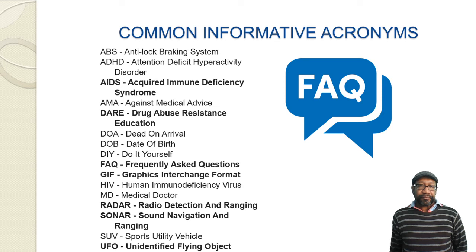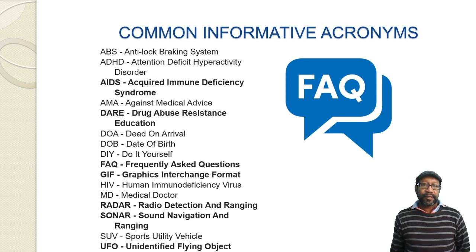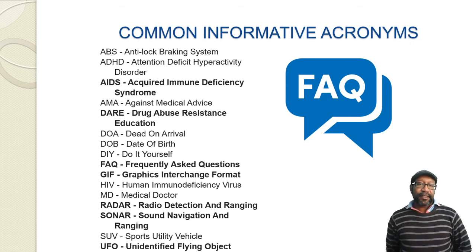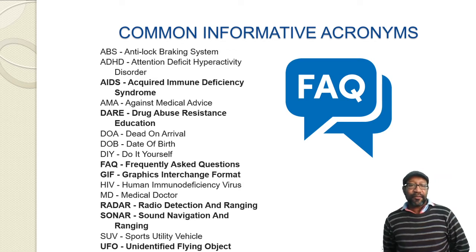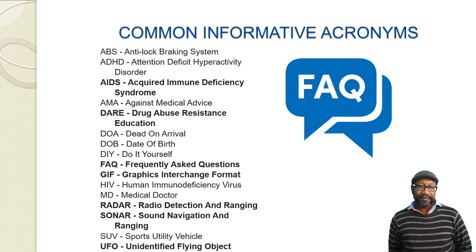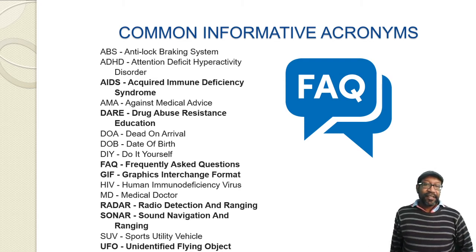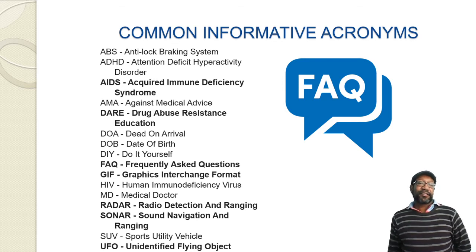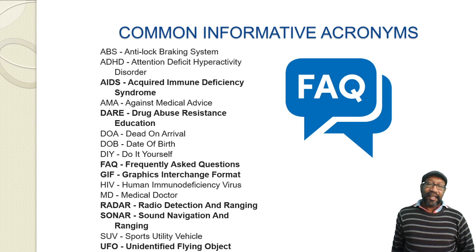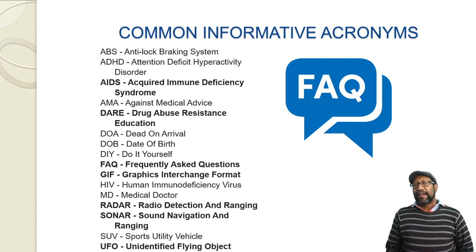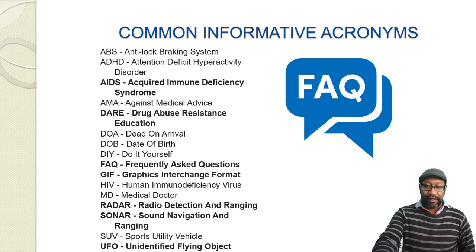So we have here some informative acronyms. AIDS, acquired immune deficiency syndrome. DARE, drug abuse resistance education. FAQ, frequently asked questions. GIF, graphics interchange format. Radar, radio detection and ranging. Sonar, sound navigation and ranging. And UFO, unidentified flying object. There's also a band named UFO. It's a great band, I give you a tip.